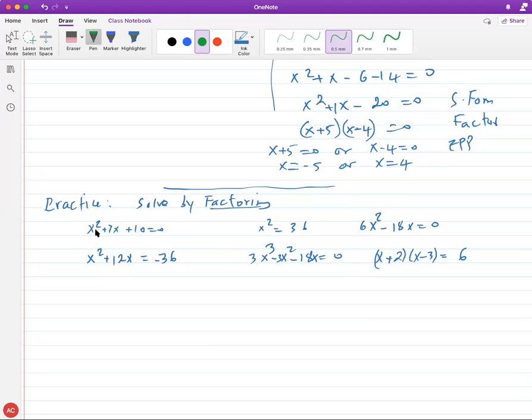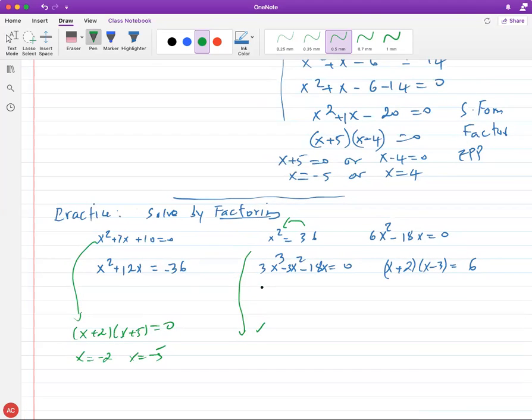So what did you get for the first one here? -5 and -2, that's right. First we factor into this. We have two solutions, x + 2 and x + 5. And what about this one? What do you do first? I moved the 36 to the other side and changed the sign.